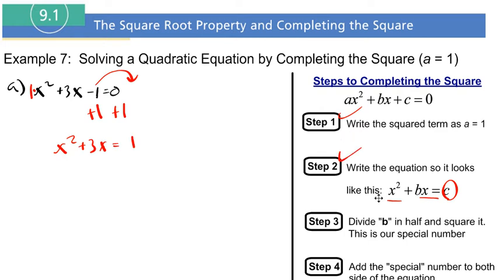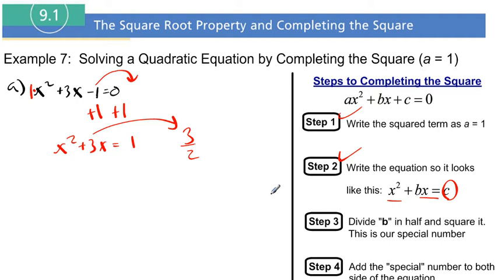Step 3 requires us to take our b term, cut it in half, and square it. So here we go. This is where it's going to get a little tricky. Take 3 and divide it by 2. Now you can use a calculator and get a decimal, but I'm going to leave it in rational form, and it's more than likely that your quizzes and assessments are going to want it in rational form.